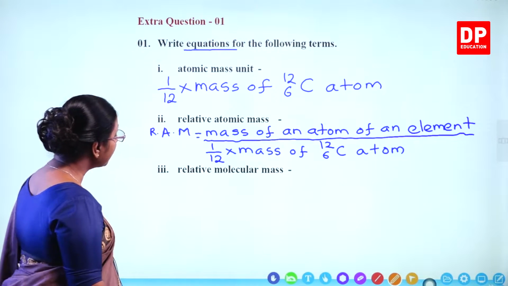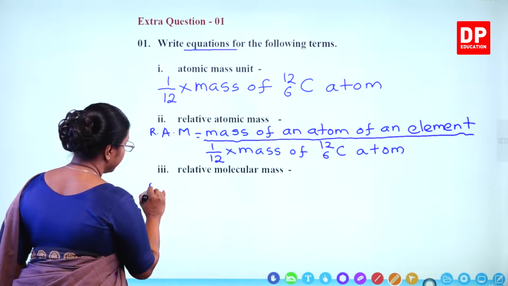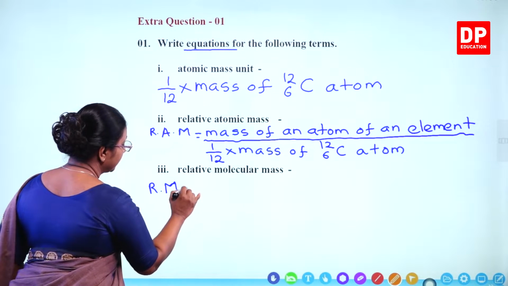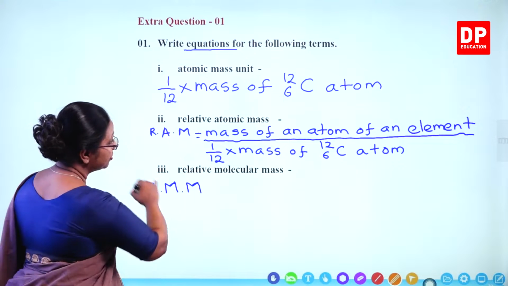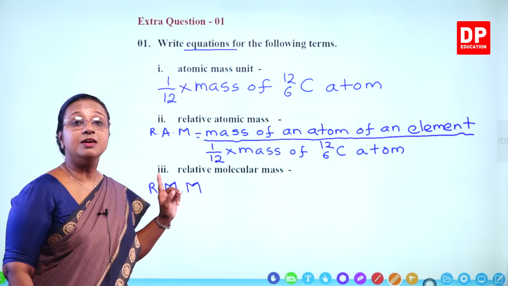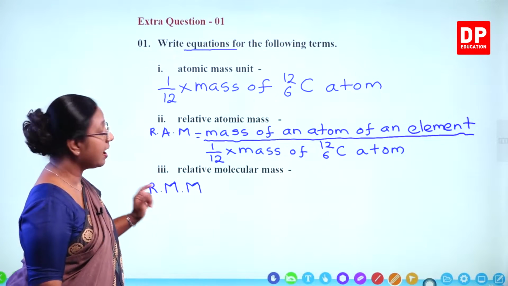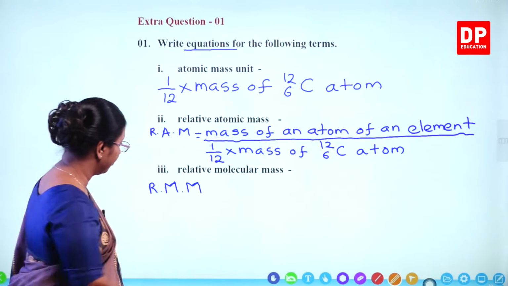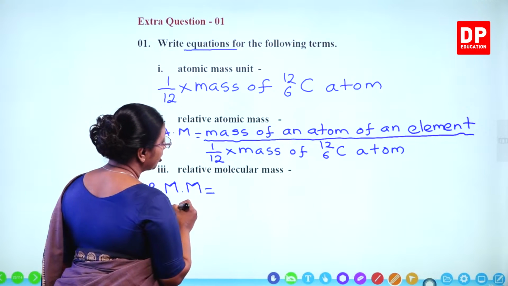Then for relative molecular mass, what do we write? Relative molecular mass, students, here to save space I am writing the abbreviation RMM for relative molecular mass. What do you write on top?